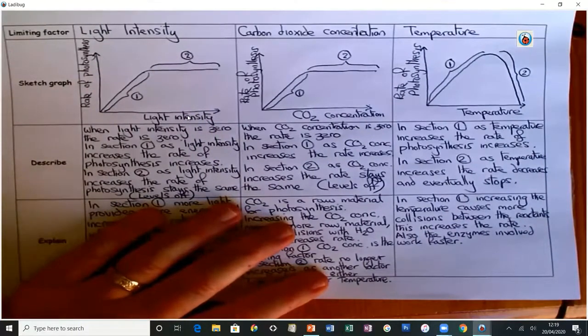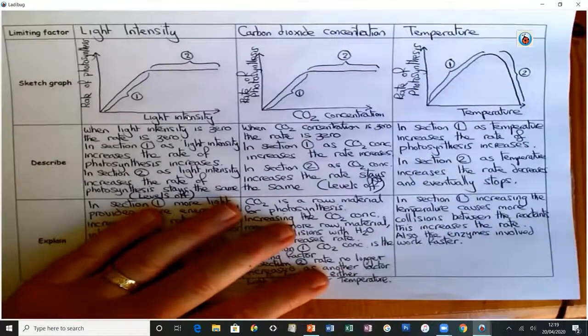But in section 2, as we increase the temperature, the rate decreases. Okay, so we need to explain why that happens.